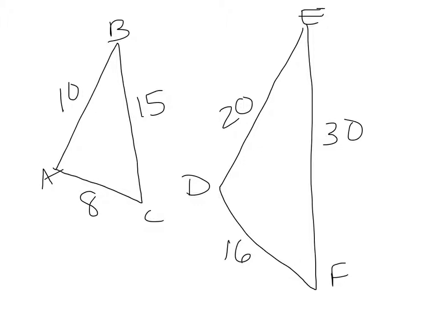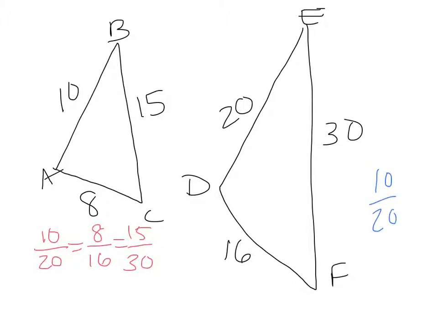I can't just talk about this side to this side, because for things to be proportional, we need to compare two sets. So I might say the relationship of 10 over 20 is the same as 8 to 16, which is the same as 15 to 30. This is a mathematical statement that says the 3 sides are proportional. What's really common is people might say the sides are proportional and just write 10 over 20. Not enough.